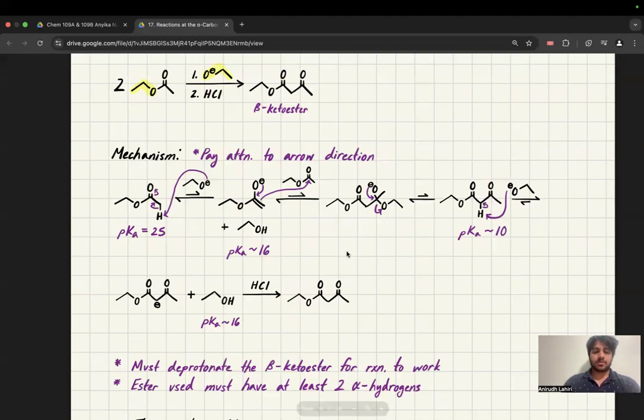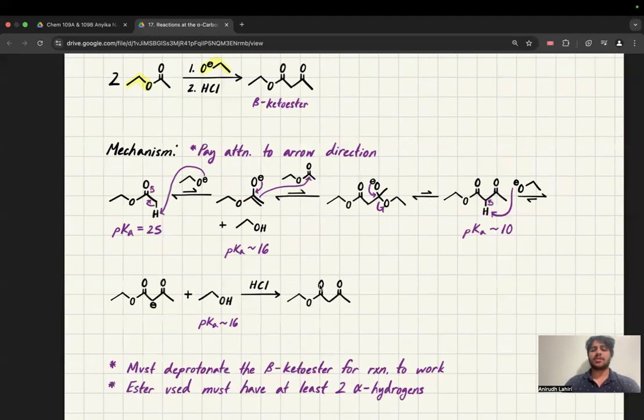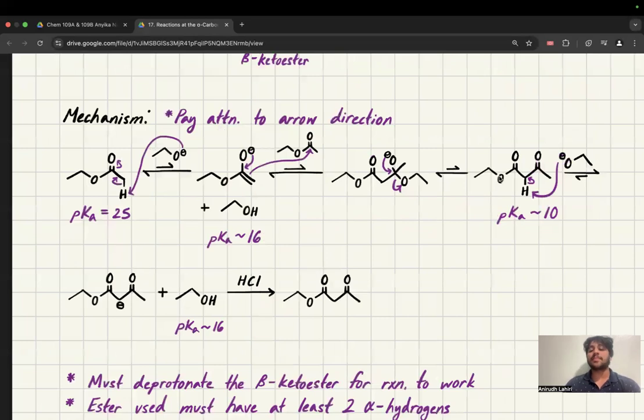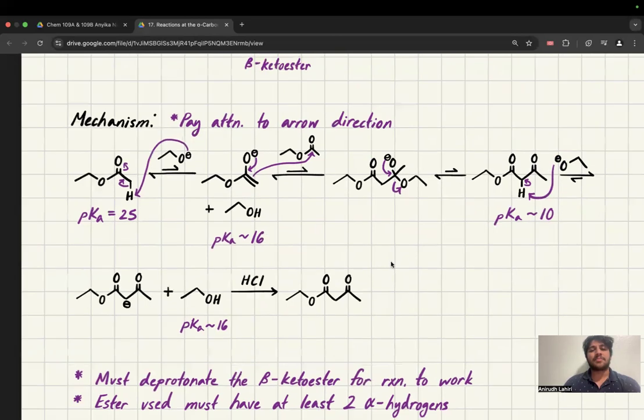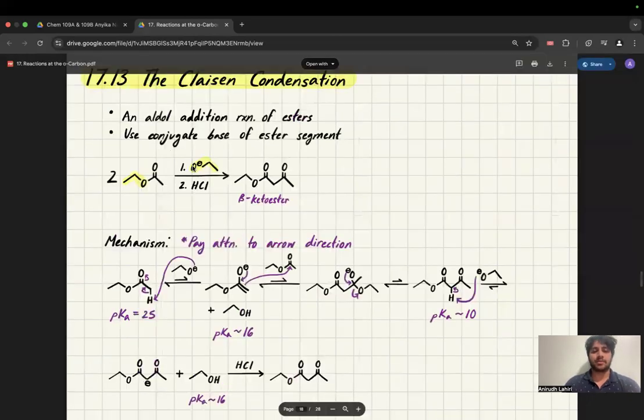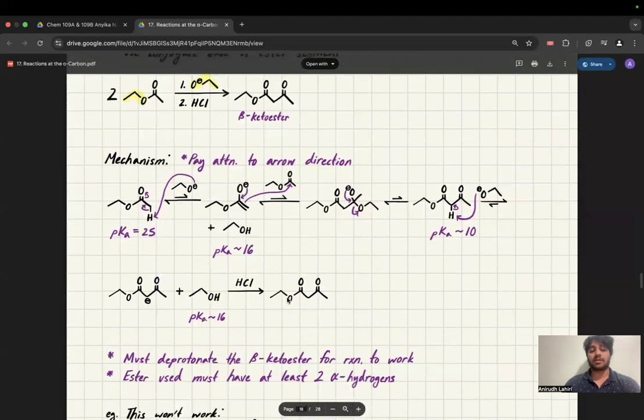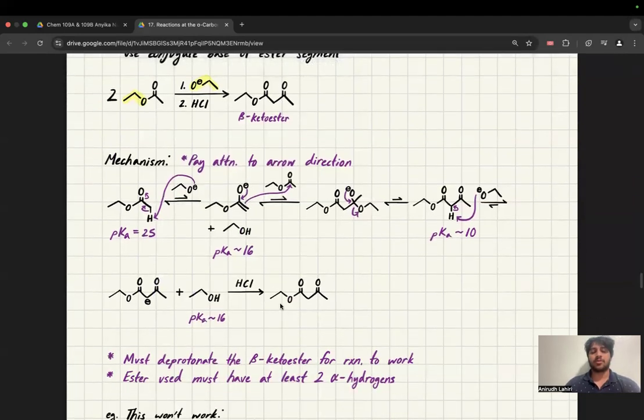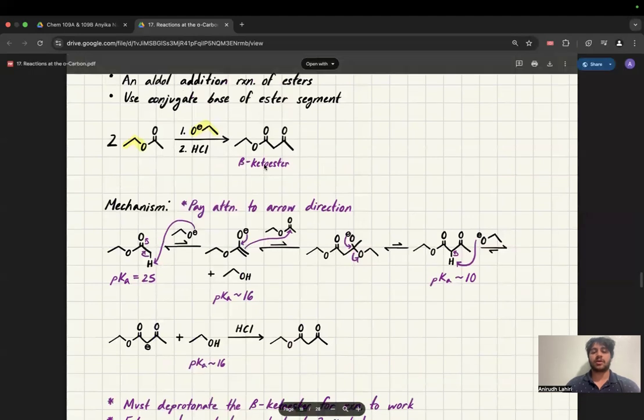So we'll end up with this compound. And again, you might think, oh, this is literally the same thing as this. So it is. This is because we used the conjugate base of the ester. These are the same thing. If they weren't, then it's likely that we would get a mix of products, which is why you use the conjugate base.